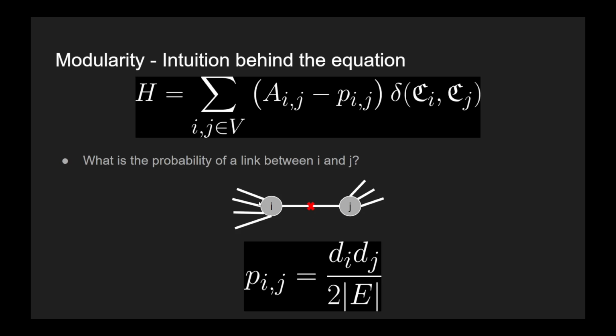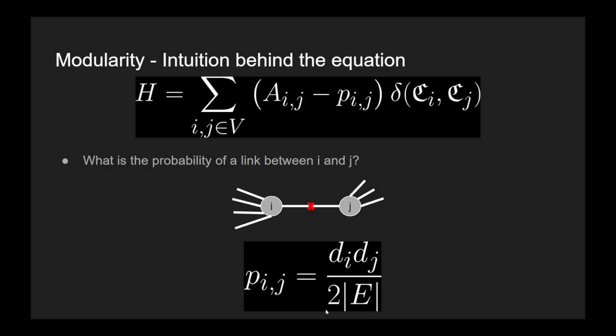At the same time, any of these links could connect to any of the links in the rest of the graph, for any of the other nodes. So the probability that it'll connect specifically to j is going to be 5 times 4 divided by all the other choices it could be, which is 2 times the number of edges. 2 because we've cut the links to get 2 stubs out of each link.